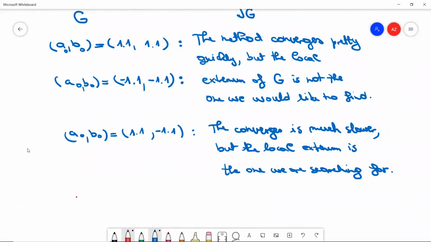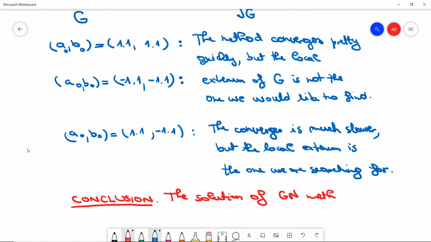So conclusion, the solution of the Gauss-Newton method has to be analyzed at the end.